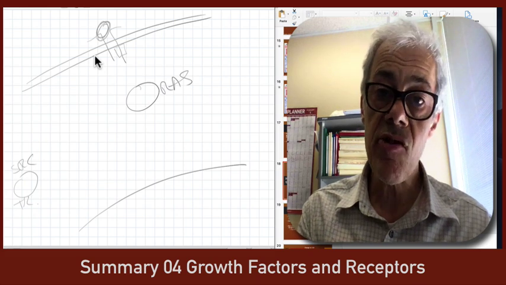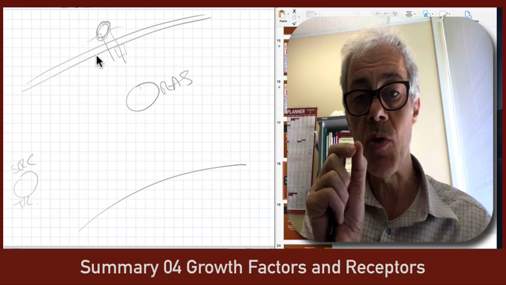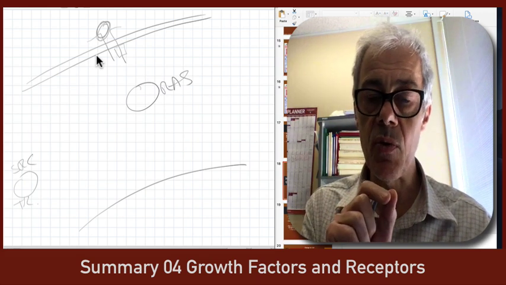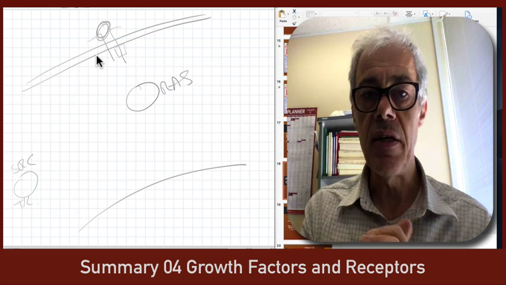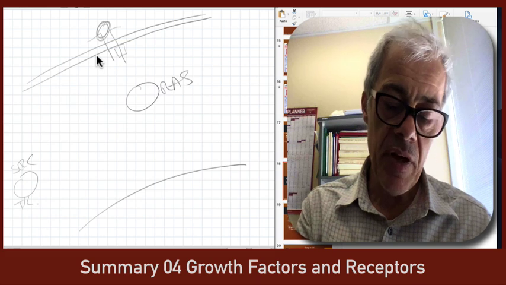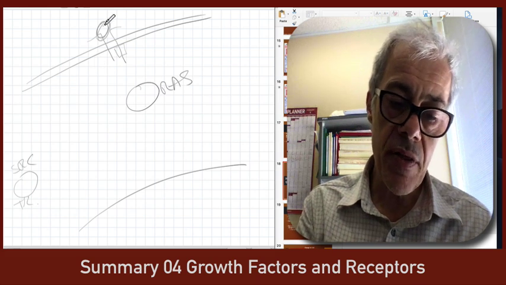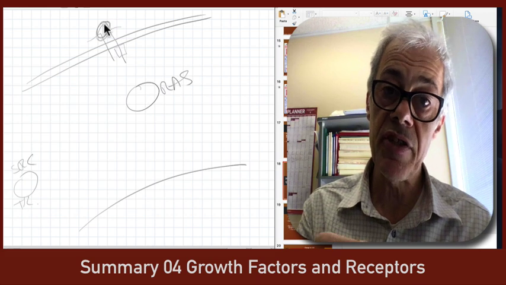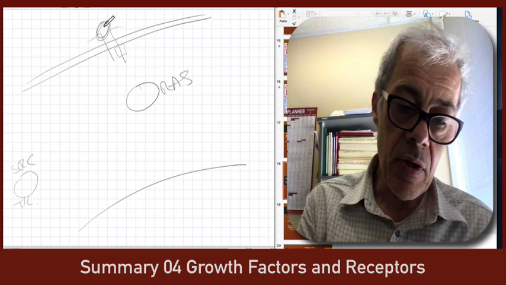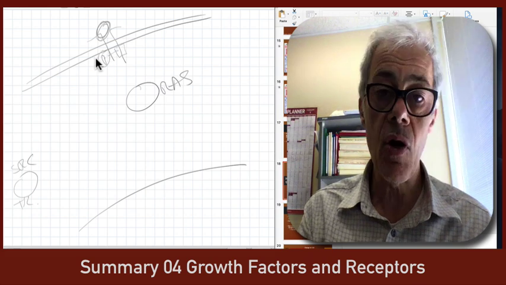So we're looking generically here at receptor tyrosine kinases rather than an actual protein. There isn't a protein that's called receptor tyrosine kinase. You've got various receptors. Okay, but in this generic version here, we've got two monomers of this thing that we're going to refer to as a receptor tyrosine kinase. The ligand brings them together, and that causes phosphorylation of the receptor.